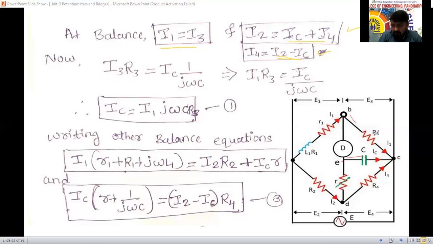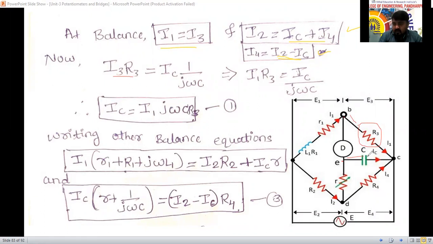So the potential drop across this one, which current is flowing here? I3 or I1, both are the same here now. So I3 R3 we can write here, voltage drop across this R3. I3 R3. Next, this equal to this one here now. Which current is flowing here? IC.